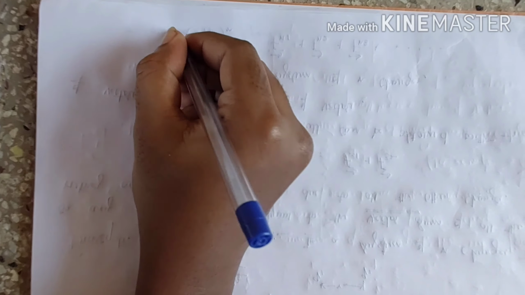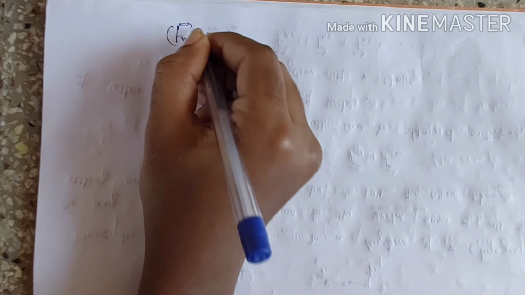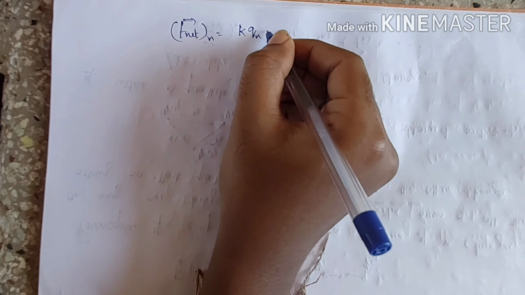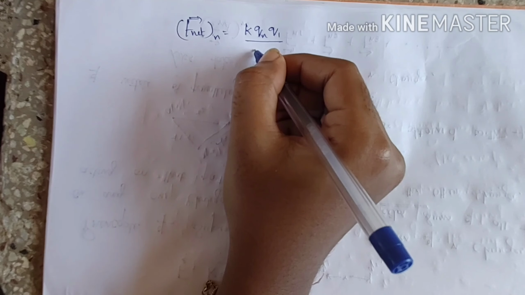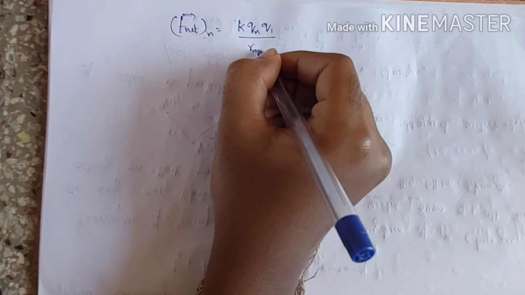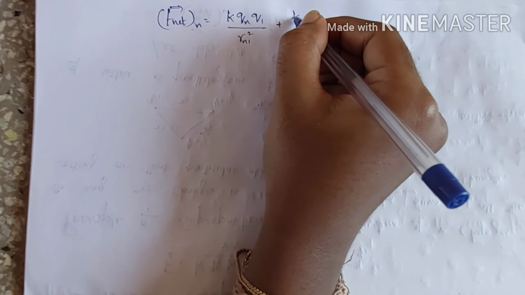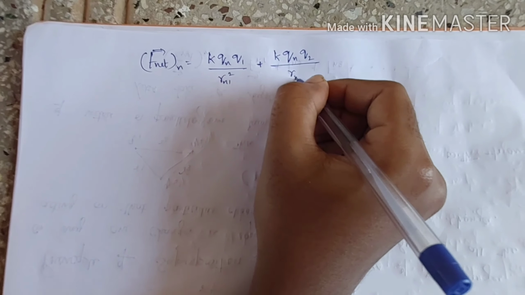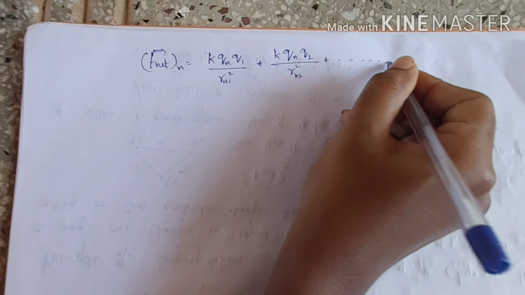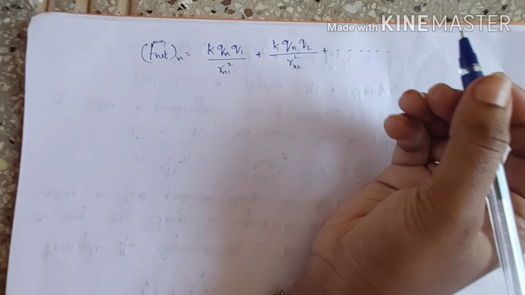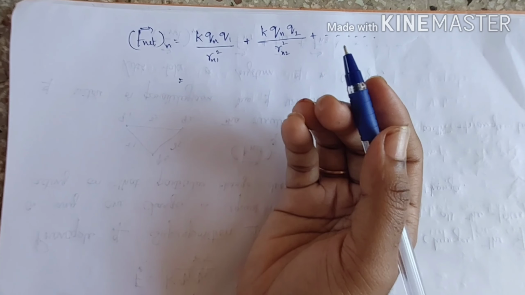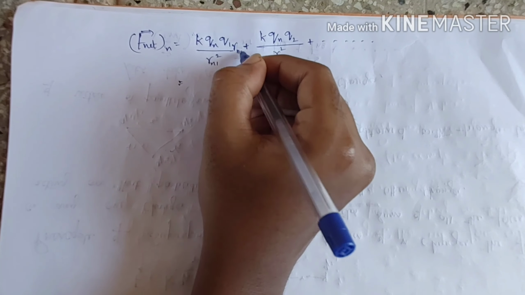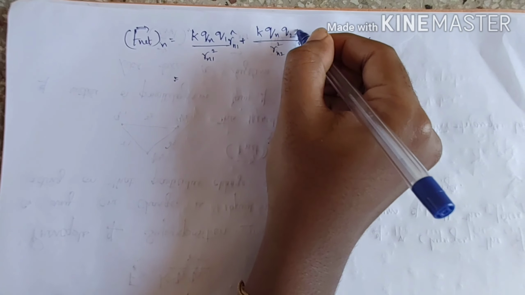F net equals K Qn Q1 by Rn1 square plus K Qn Q2 by Rn2 square plus and so on. Here K is a constant that you can take out. If you want to write this in vector form, you will write Rn1 cap, Rn2 cap.